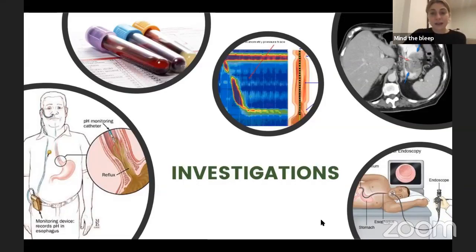And then other tests that we do have in here. So at the top in the center, another investigation that we could do is esophageal manometry. So this is a test used to exclude esophageal dysmotility disorder.